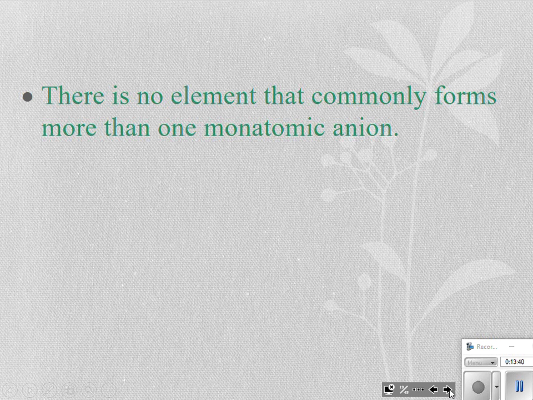Absolutely it did. However, when we're making an anion, when chlorine is gaining or losing electrons, what does chlorine do? Forming an anion, what will chlorine do? It will gain one electron, always, to fill its outermost energy level.